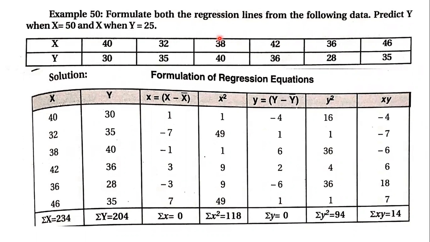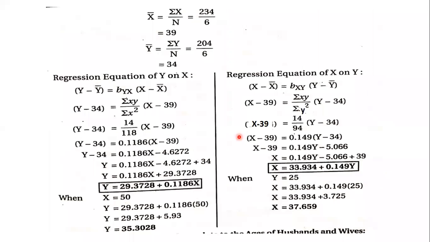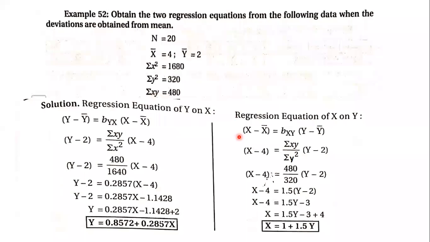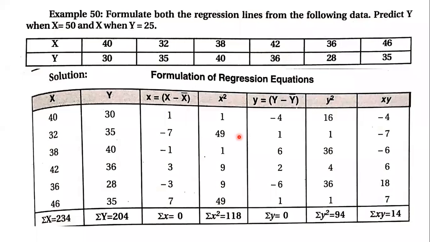Same like the previous problem, first find the regression lines and then we shall substitute the value of x and y and get the equations or get the numbers. Okay, will you try it? Yes, everybody will try. Good. Okay, I'll send you this question or you can copy down.